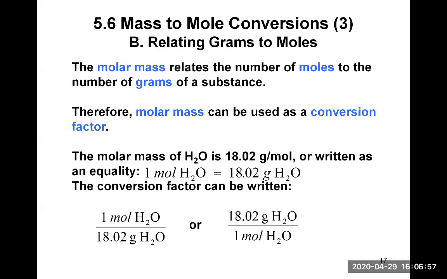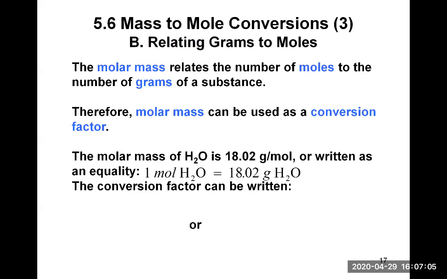And so the molar mass relates the number of moles to the number of grams of a substance, right? And so therefore molar mass can be used as a conversion factor, because it relates grams to moles, and this can be written as an equality.